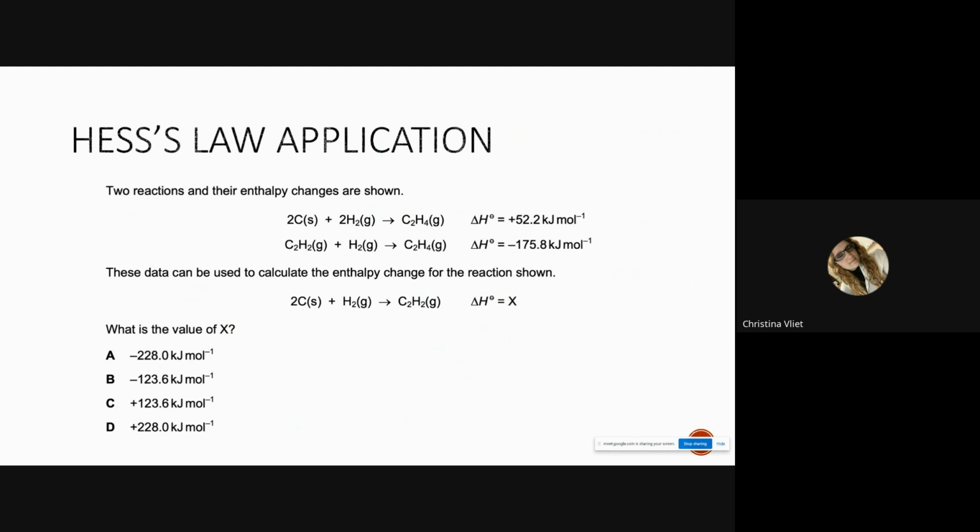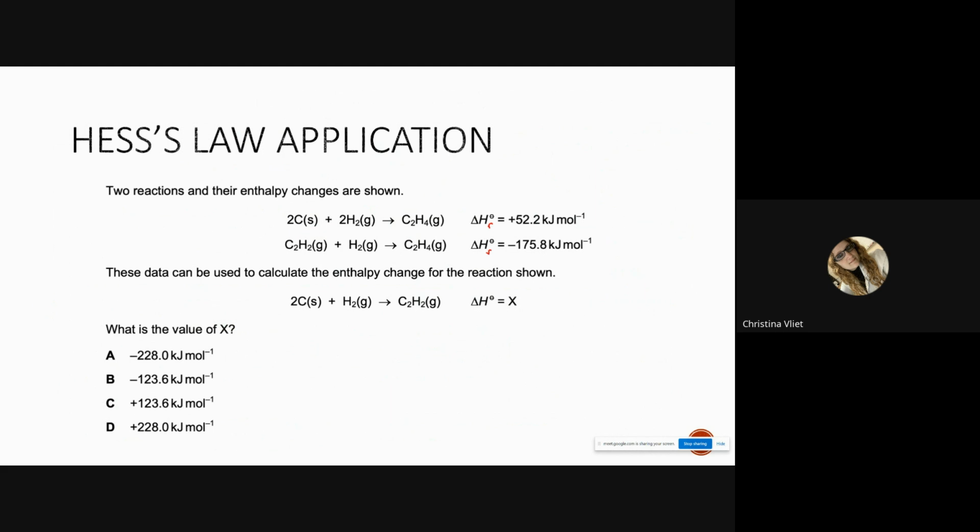Take a look at what's going on. They give you two chemical reactions, and they give you each of these enthalpies of reaction. They tell you that when two carbons combine with two hydrogens to make C2H2, the reaction requires 52.2 kilojoules per mole of energy. C2H2 plus H2 goes to C2H4, releases negative 175.8 kilojoules of energy.